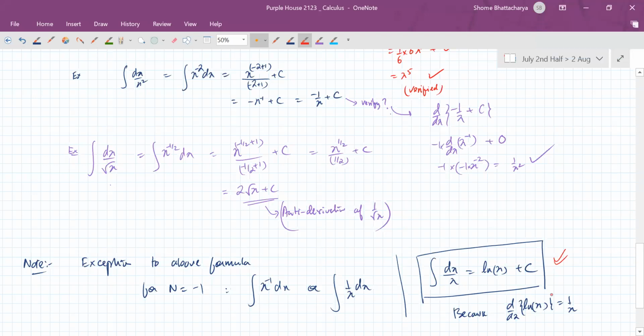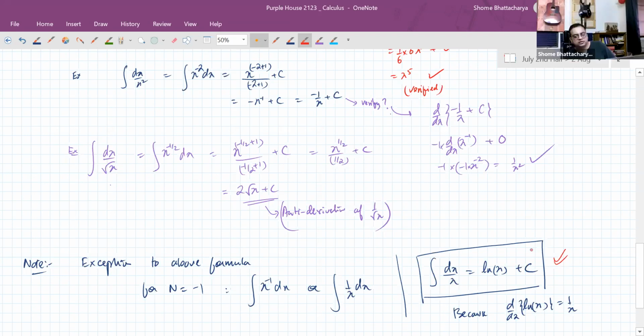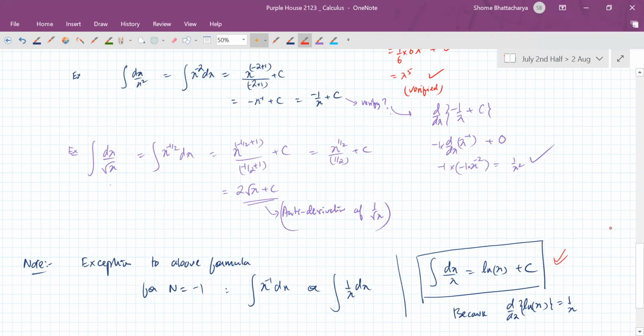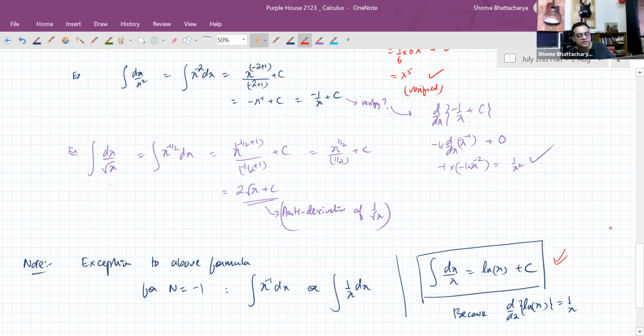So only if n is equal to -1, we will use this formula. This is a specific formula for integration of 1 by x, or integration of x to the power -1. It is given by the simple formula ln x plus c. And the logic of that formula is that differentiation of ln x is 1 by x, so integration of 1 by x should be ln x.